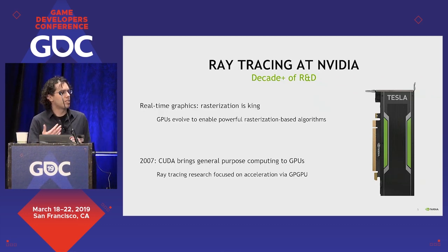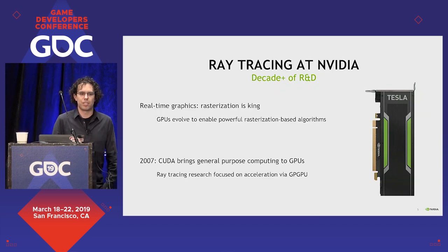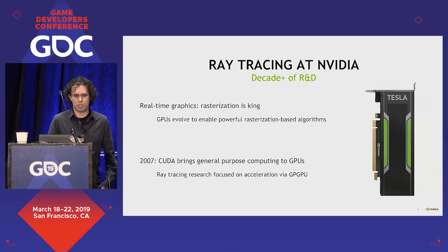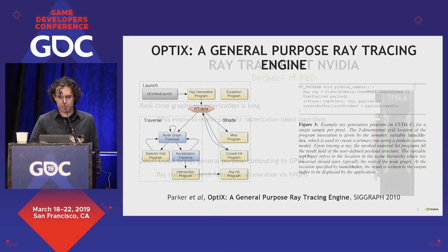And ever since we got our first programmable shaders, we started looking at whether we could use them for ray tracing. Around 2007, we released CUDA, which is our general-purpose GPU computing platform. And immediately, we switched our ray tracing research to focus on how we can use this to accelerate ray tracing on GPUs, how we can make ray tracing really fast using this general-purpose computational platform that we've developed.